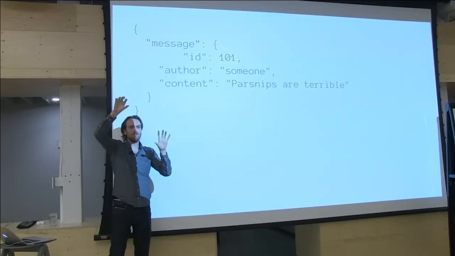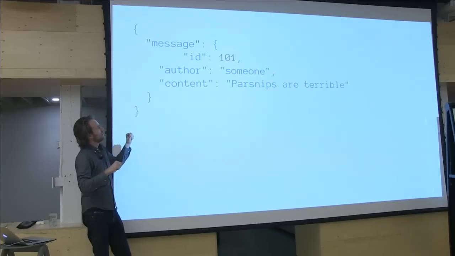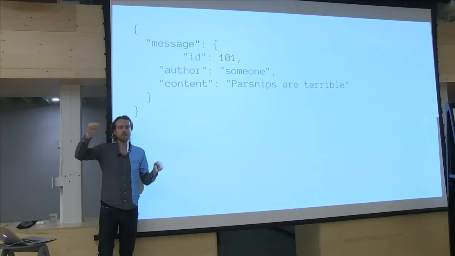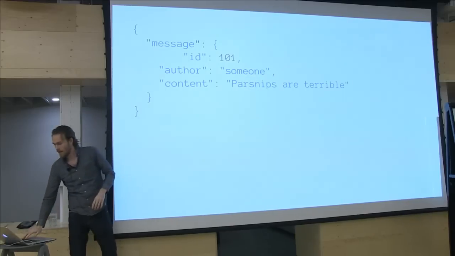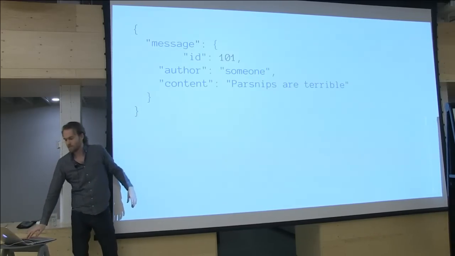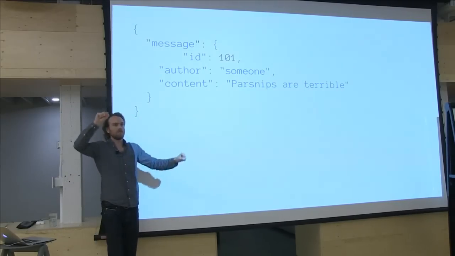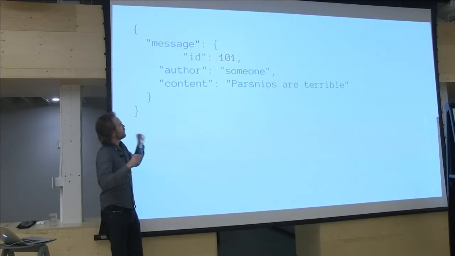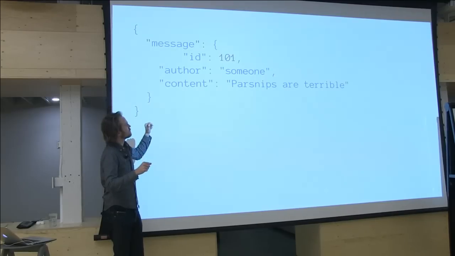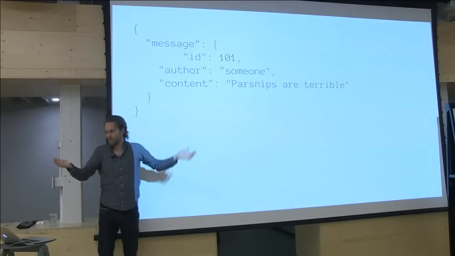Let's say you have one computed property for the author and another one for the content, and you're going to show them on the screen. You get this message in, and then you get this message in, and one of those computed properties is going to update before the other one. So people are going to think that I don't like parsnips, and I do like parsnips.